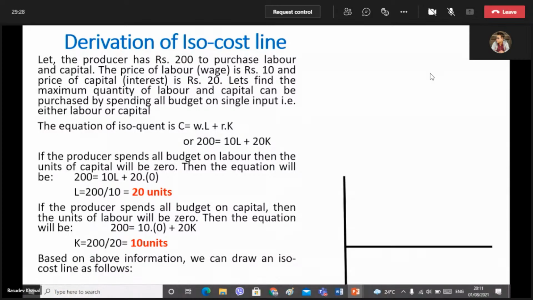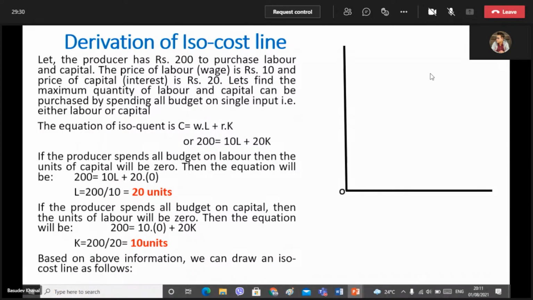Let's draw the diagram. O, X, Y, units of labor, units of capital, and 10, 20, 5, 10. The extreme amount of capital is 10 units, extreme amount of labor is 20 units.